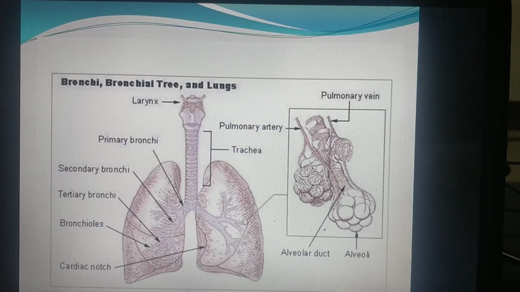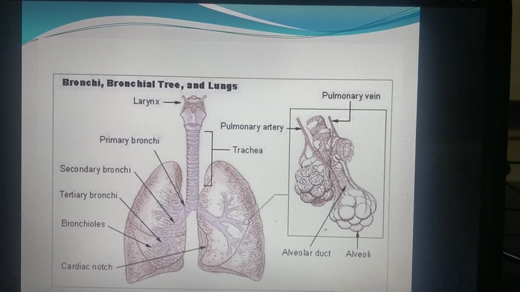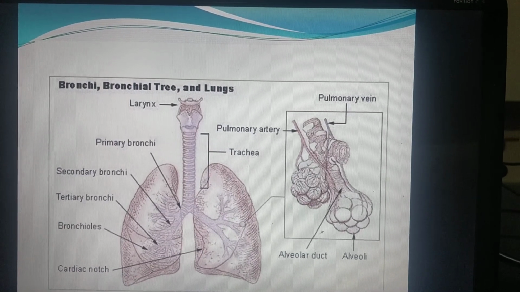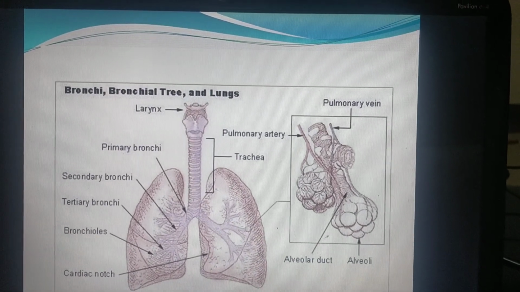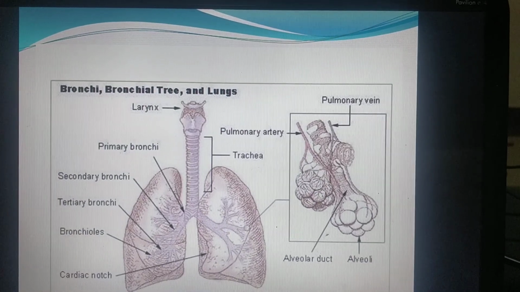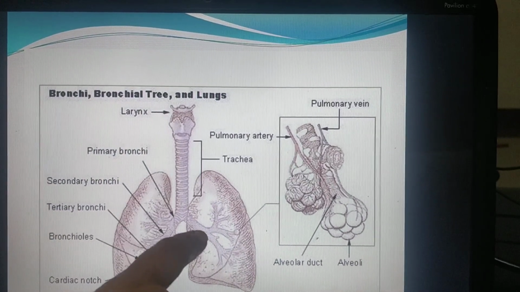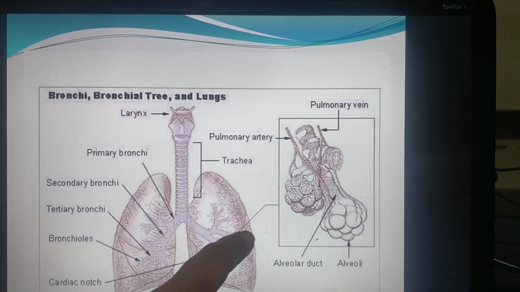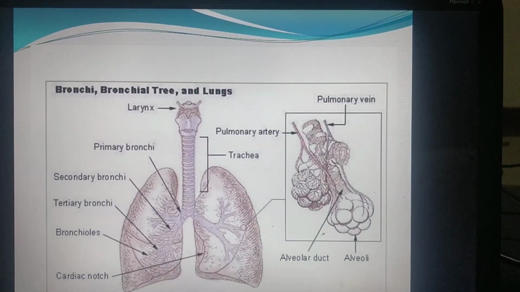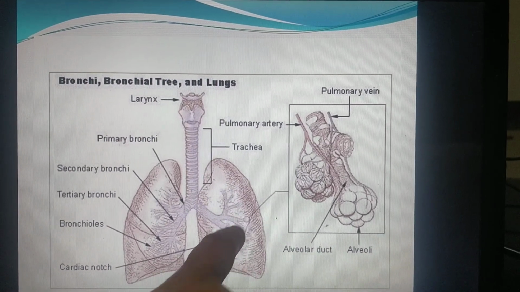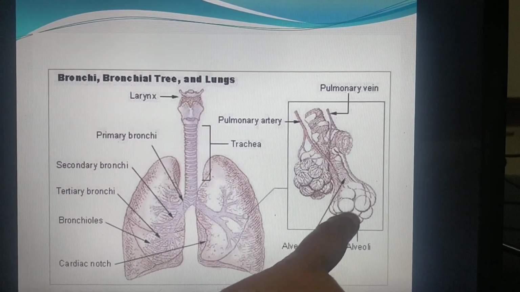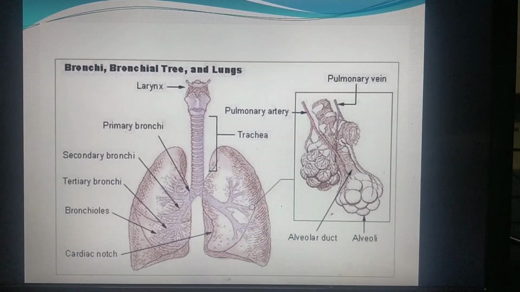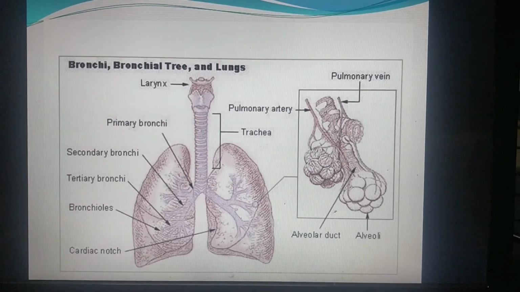Alveoli provide a large surface area. This large surface area helps in the exchange of gases. So the trachea divides into primary bronchi, then secondary bronchioles, tertiary bronchioles. Ultimately, they end in these balloon-like structures, seen separately here, known as alveoli, which provide a large surface area.